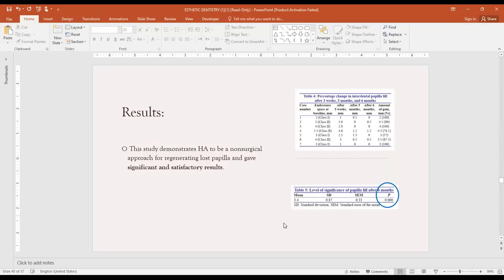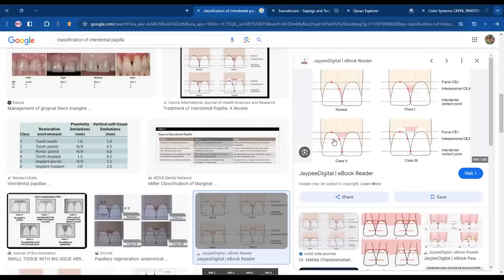Here for the interdental papilla, I'll go to the screen. It would be beautiful to have just one slide highlighting the classifications of interdental papilla reduction, and you also have a classification of the contact points.